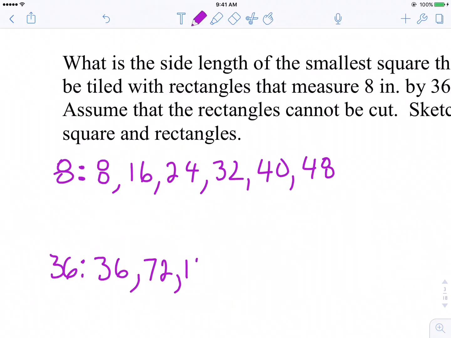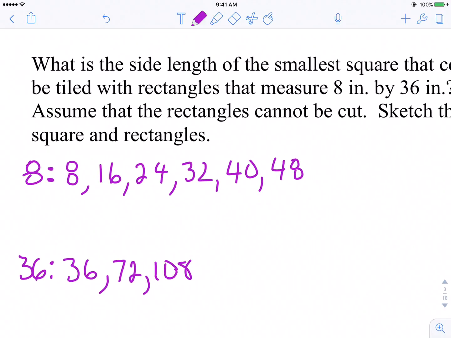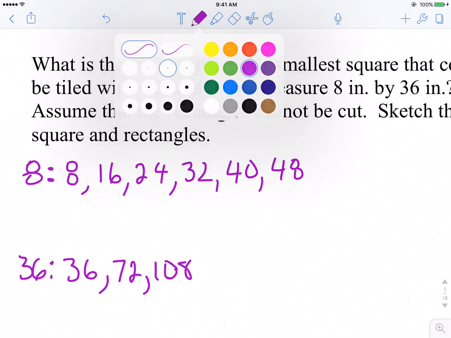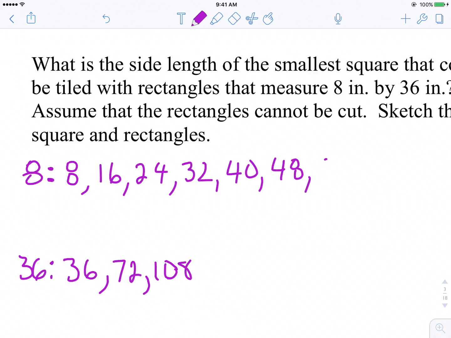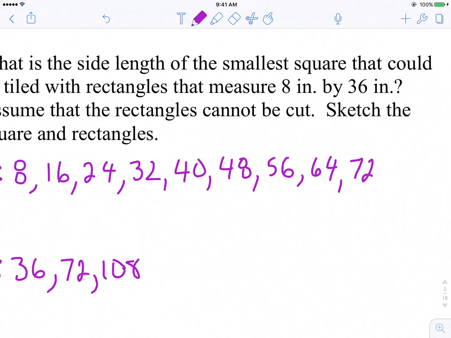And 108. Well, I've already gone bigger than that 48, so now I have to continue those 8s. So 48, and the next one would be 56, and then 64, and then 72, and then 80.